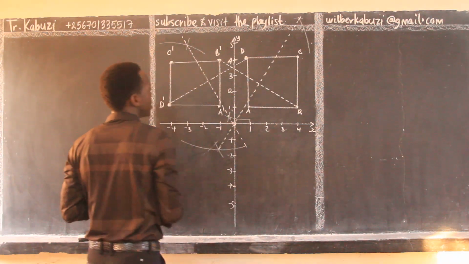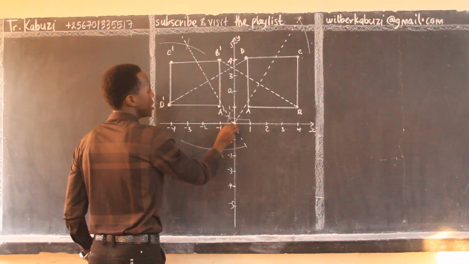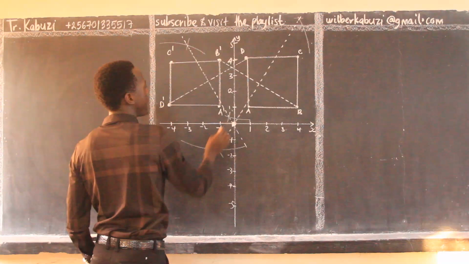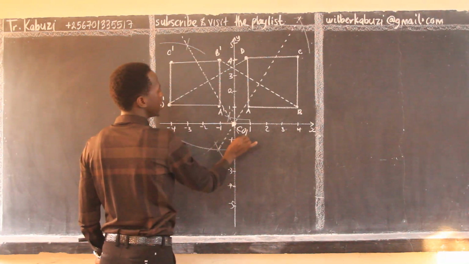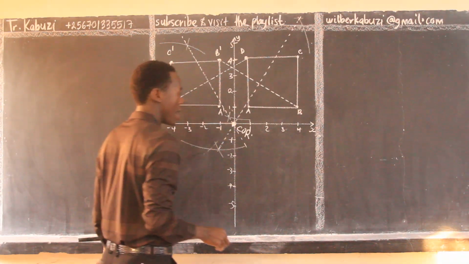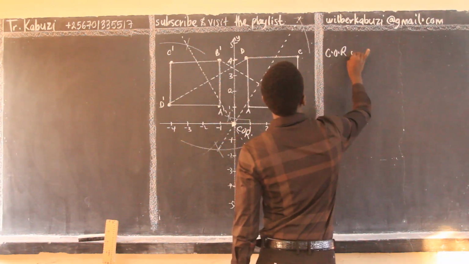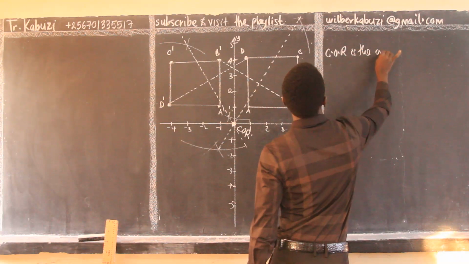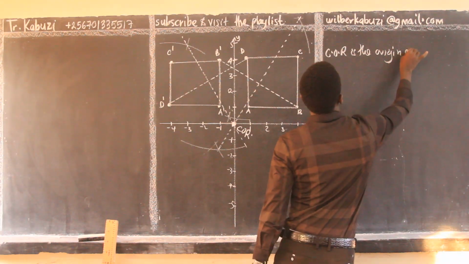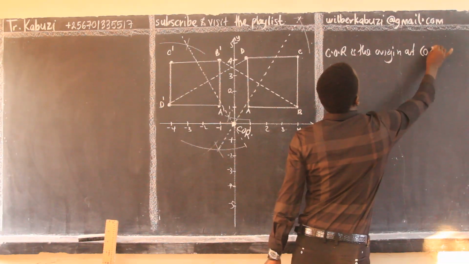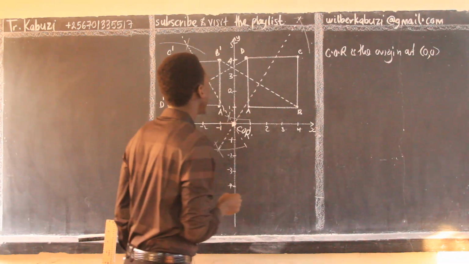Now these two bisectors are meeting here. So this one becomes the center of rotation. So now our center of rotation is the origin, at 0, 0.